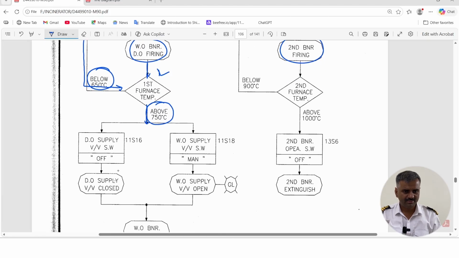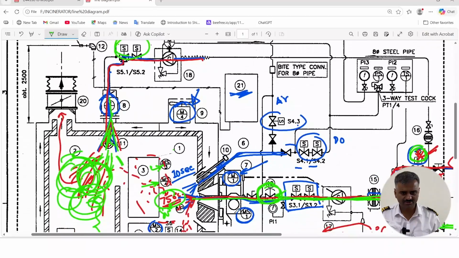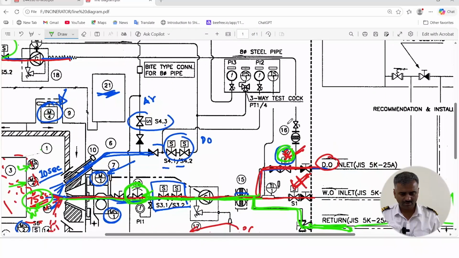Above 750 degrees centigrade, the switches 11S16 or 11S18 for the DO supply valve and waste oil supply valve will switch. The DO supply valve will turn off and the waste oil supply valve, which was kept on manual, has to be put on. In this diagram, I am talking about these two valves: this is the DO supply valve and this is the waste oil supply valve.